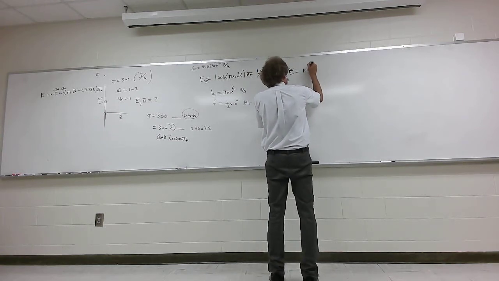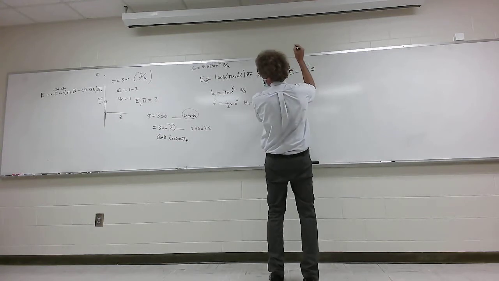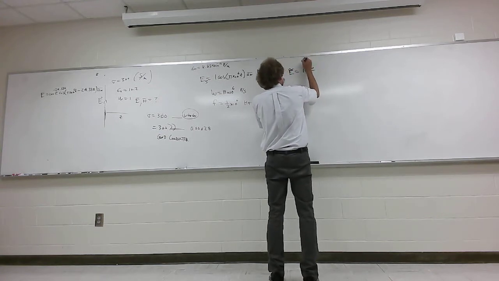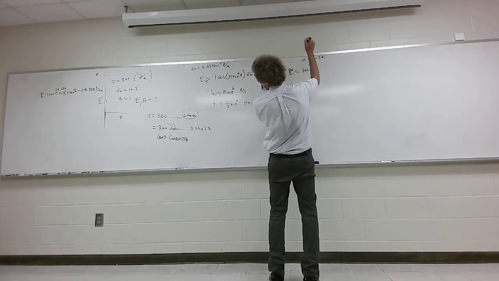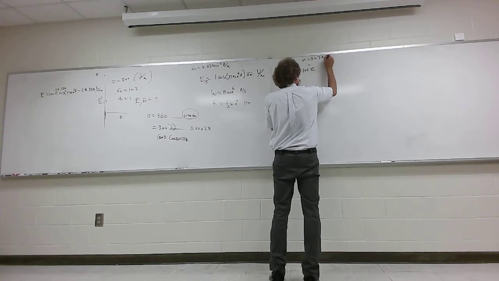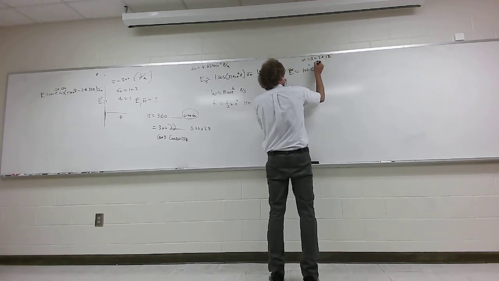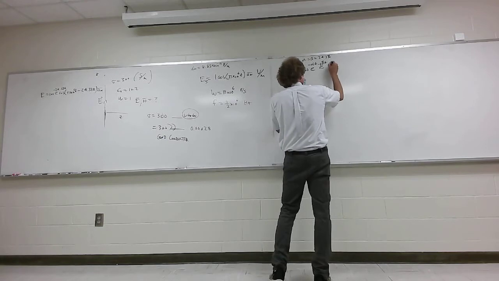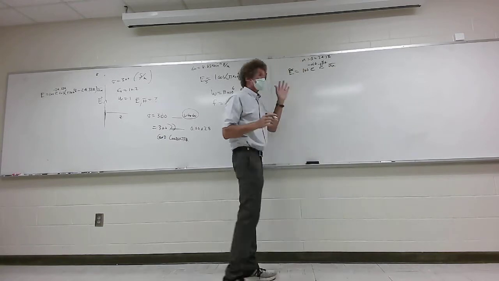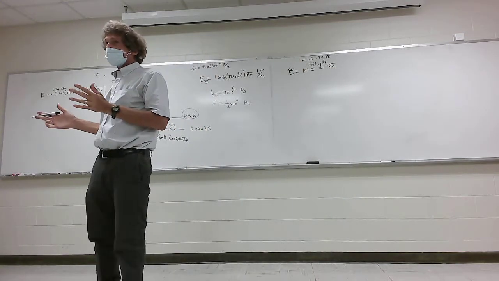It would have the e to the minus, let me just put alpha equal beta equal 24.33, so I don't have to write that over and over again. E to the minus alpha z, then e to the minus j beta z, in the ax direction. Y'all follow me? That's the phasor form of the E field, correct?